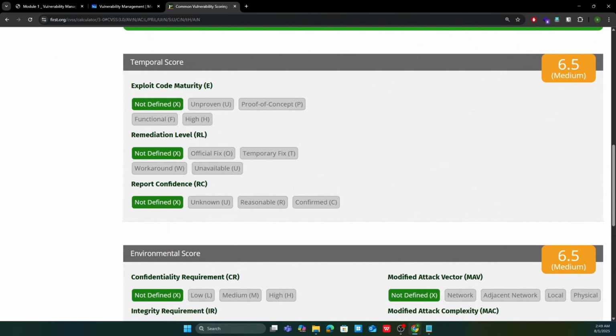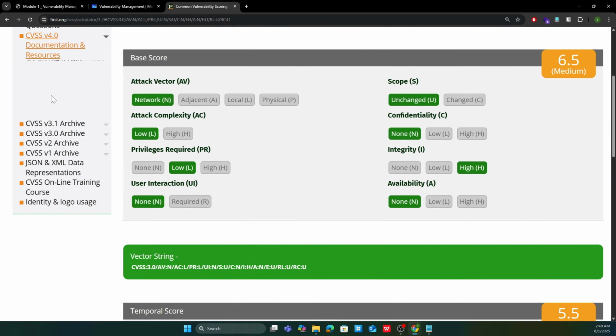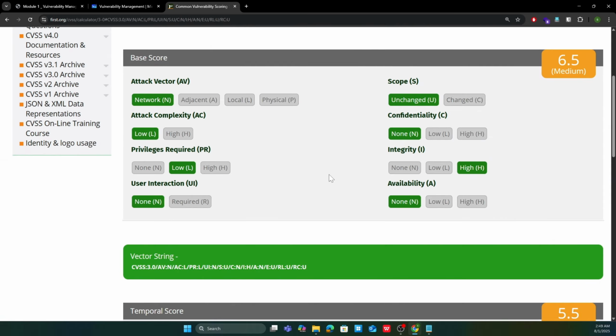Based on the vulnerability, whether remediation is available, a temporary fix is there, or it is unavailable, it can become a bit higher. Exploit code is high, unproven, or unknown. But the base score is the core logic of creating the scoring system. This is how the vulnerability would be scored.